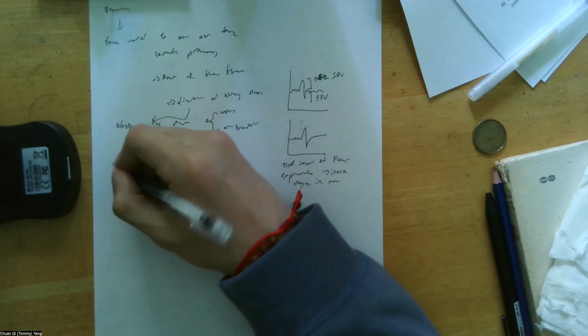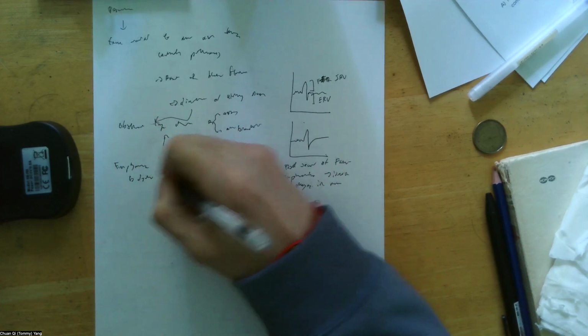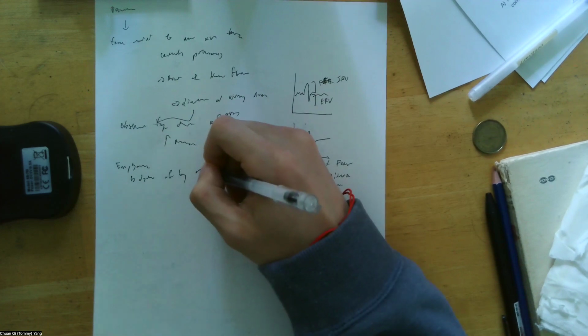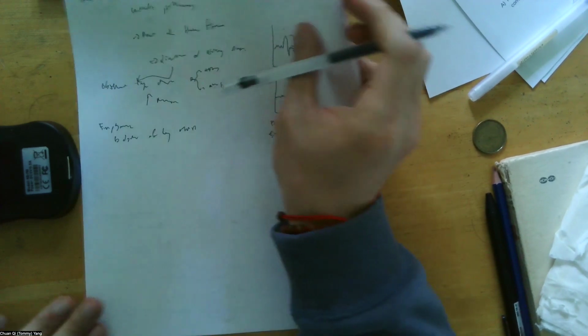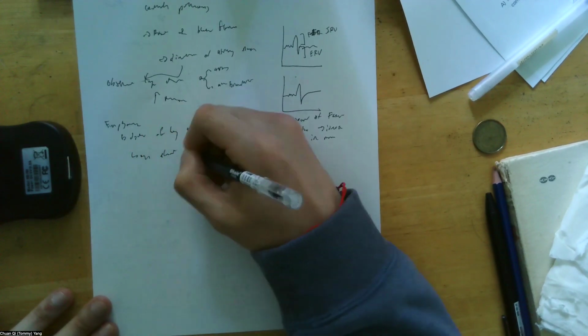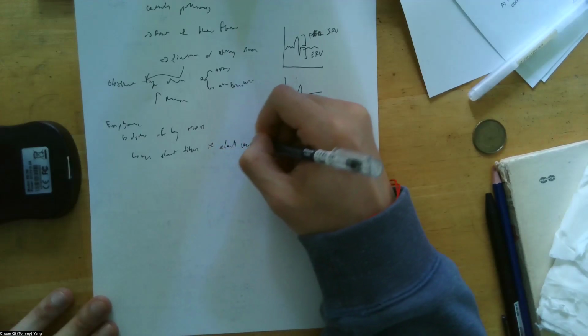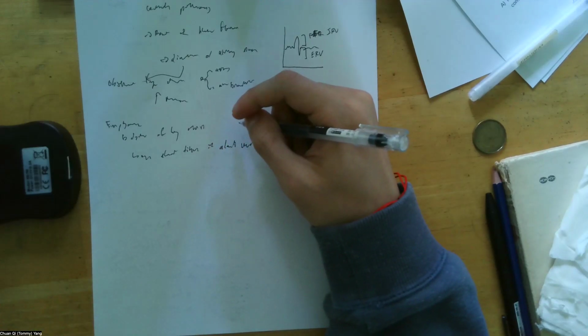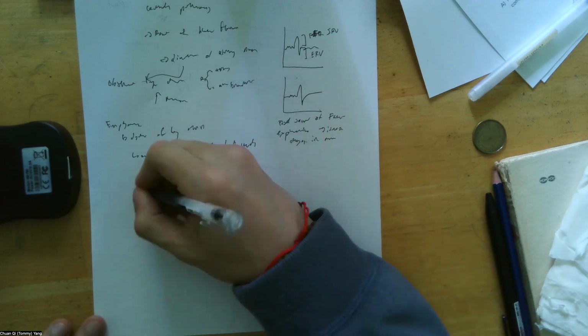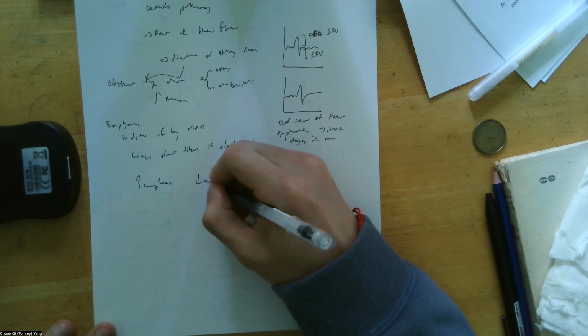And emphysema is destruction of lung tissue, of respiratory tissue, especially elastic fibers in alveoli walls. This is caused by smoking, and this leads to increased compliance, but decreased recoil.